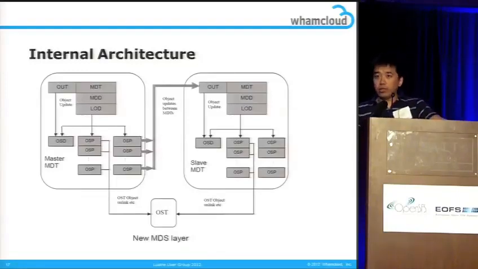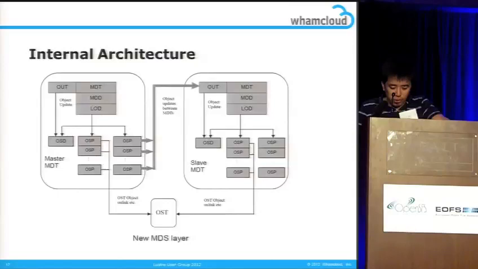For the cross-MDT operation, let's take the remote directory, for example. The client sends the request to the MDT. Then MDT unpacks the request and gets the update log from the parent, and MDD will decompose the create operation into basically two: create and name entry insert.